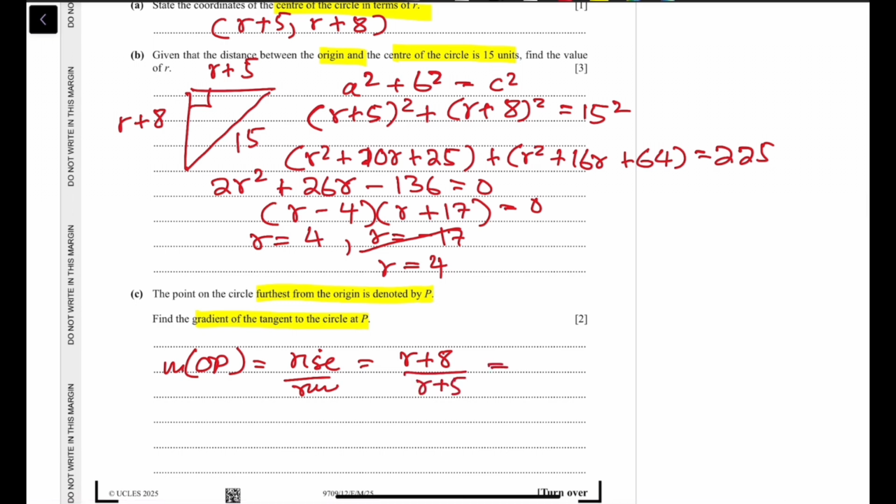If we substitute our r from before, which is 4, we get 4 plus 8, which is 12, over 4 plus 5, which is 9, which is equal to 4 over 3. Therefore, m for the tangent is going to be the negative reciprocal, which is negative 3 over 4.